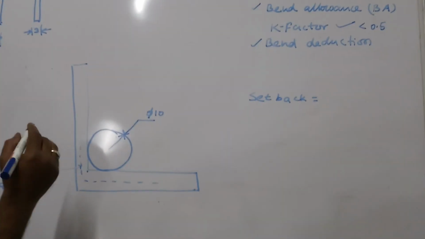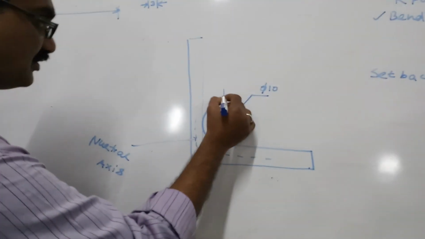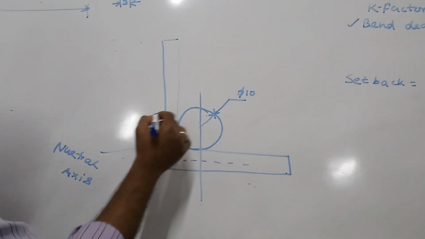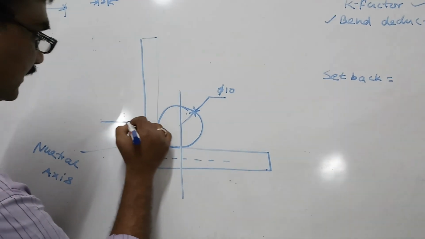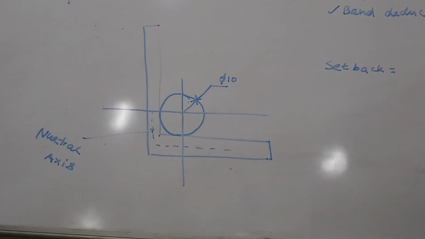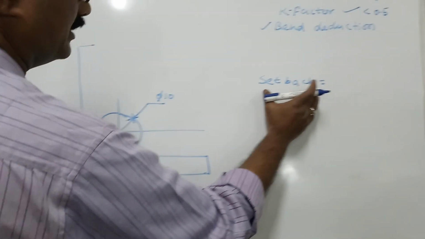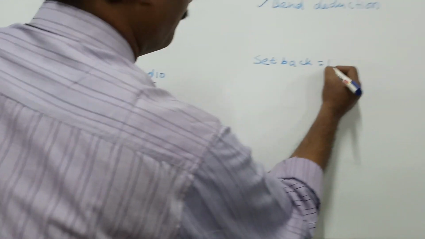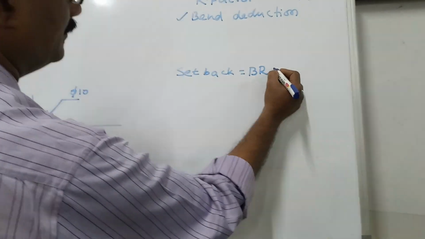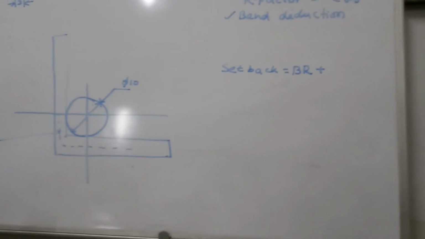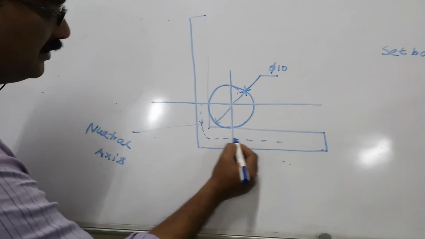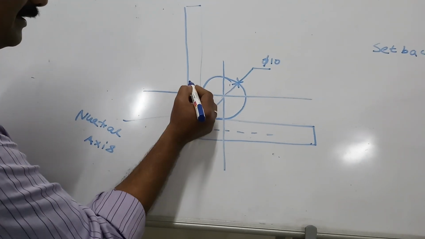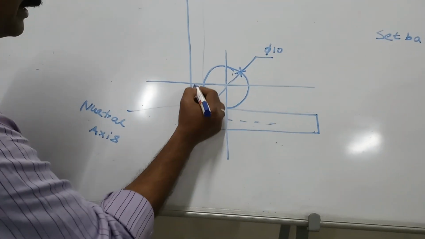Setback equal to, how is setback calculated? Now this is the radius from this end and this is the radius from this end. Setback is equal to bent radius plus half of the thickness of the metal piece.